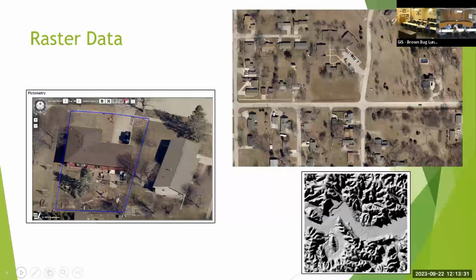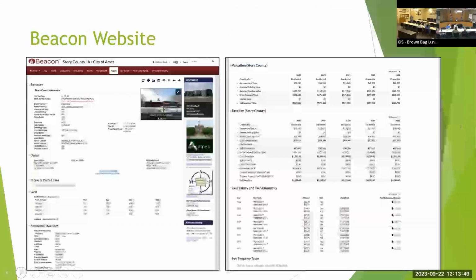Iowa in Story County is pretty flat, so maybe some of those areas don't stick out as much. But in the lower right, when you see that data, oh yeah, you can definitely see the river going through there. You can see the hilly terrain. So anyway, that's just another layer that we have, and some more data that we have access to. All right, let's go to the next slide.